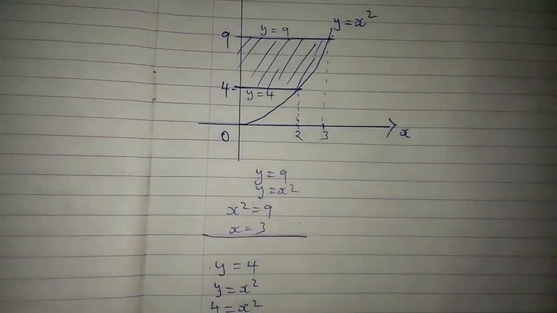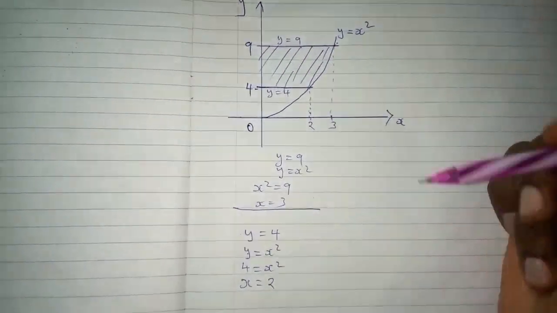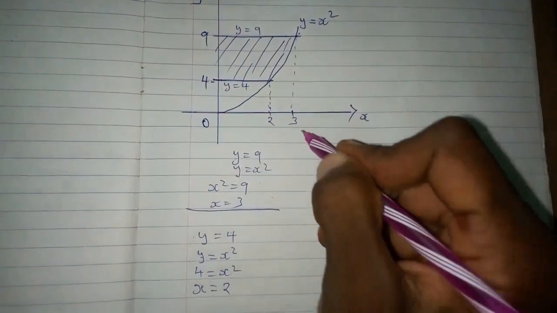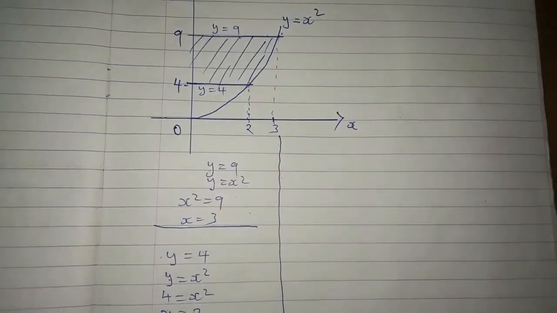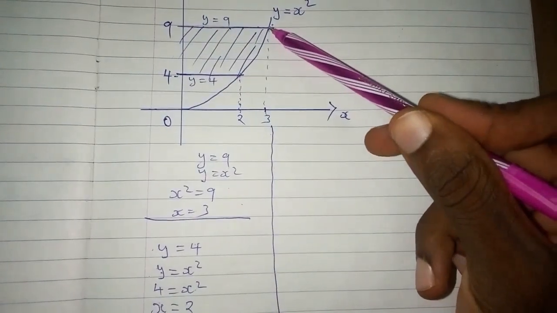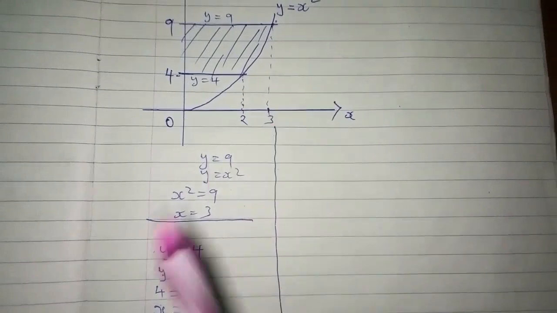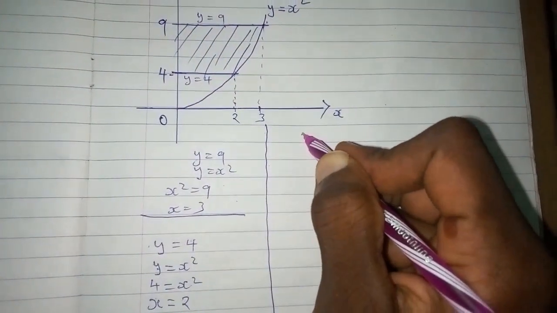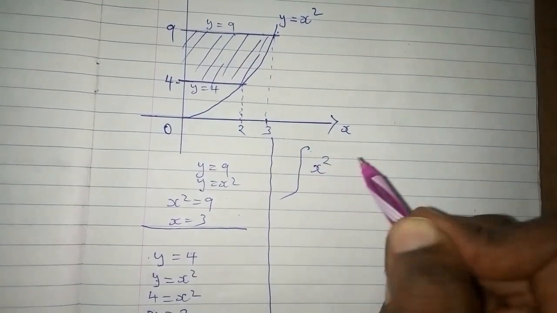Now how do we find the area of the shaded region? We are going to follow this procedure. Number 1, let's find the area under the curve from 0 to 3. So we integrate x squared.